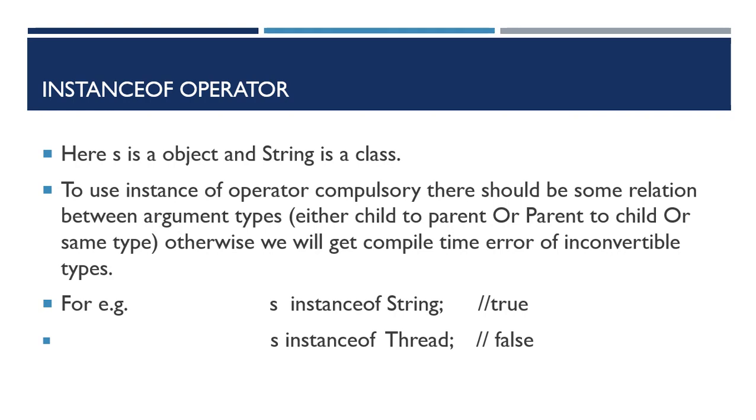There is no inheritance or any other relationship. In that case, my compiler is not going to give us false as a result; instead it is going to give a compile time error, and that error is inconvertible types. I cannot convert.